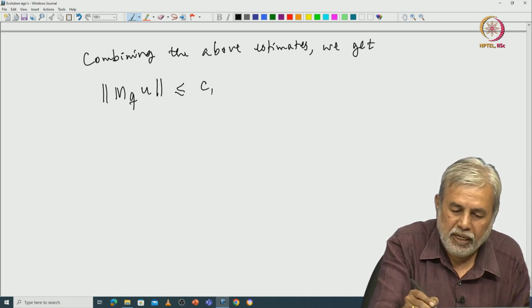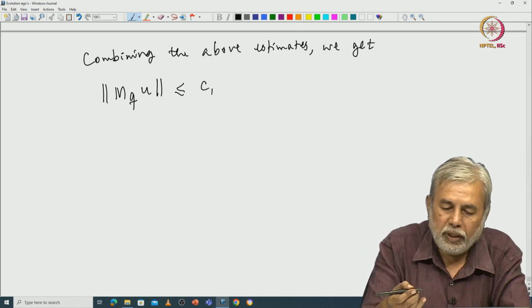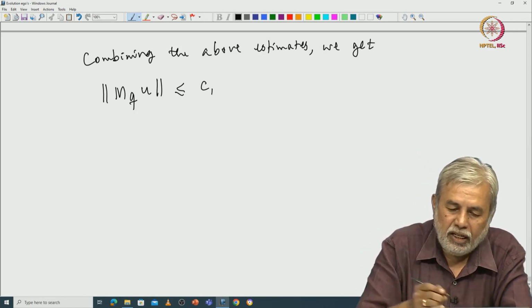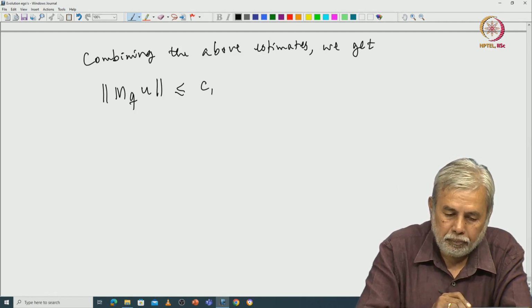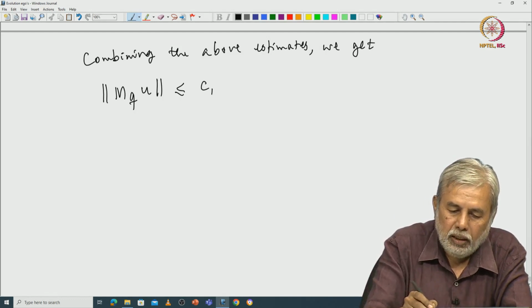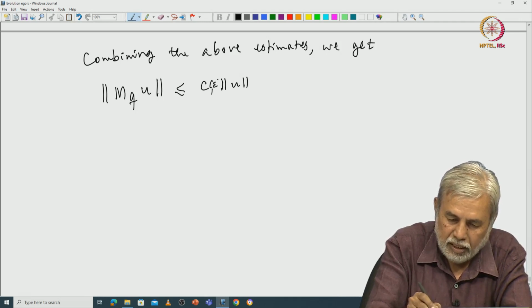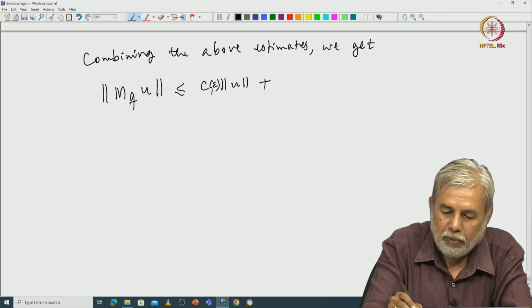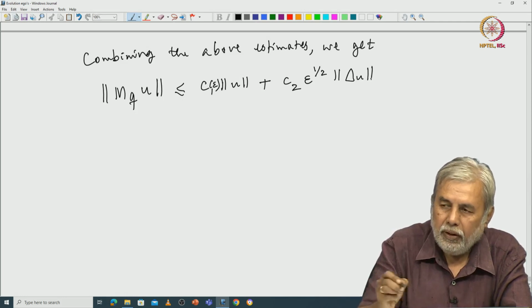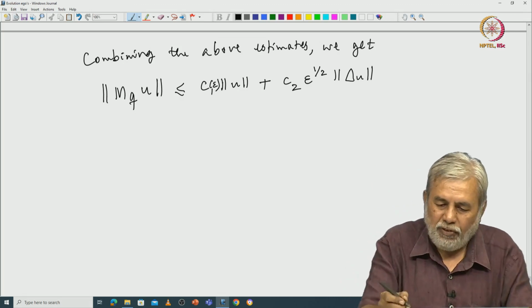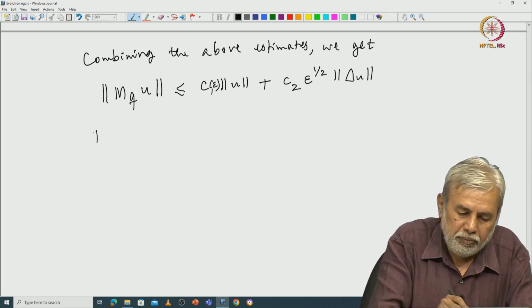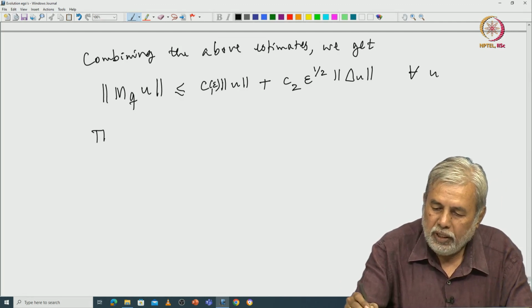Now this constant depends on the L2 norm of q1 and the L infinity norm of q2. There is an epsilon also, so let me put that specifically. Okay. So, first of all, this holds for all u in H2.